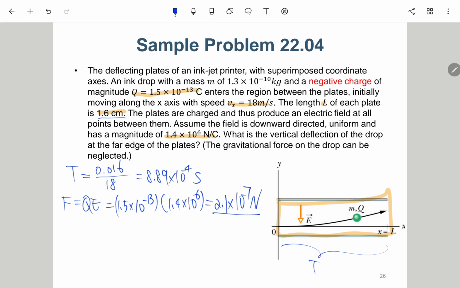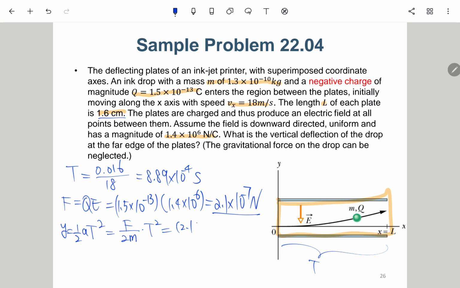Okay, so in mechanics you already know y equals 1/2 a t squared. You should have learned this in high school physics. And according to Newton's second law of motion, a equals F over m, so y equals F over 2m times t squared. We already know F, t, and m, so we just need to plug in all the numbers.